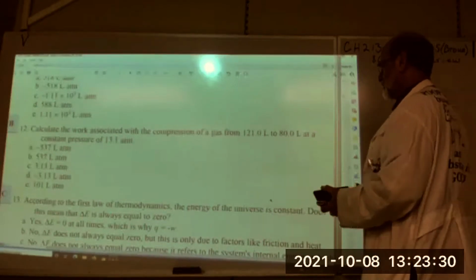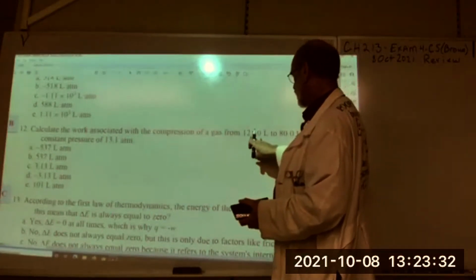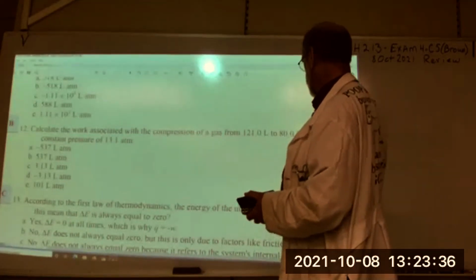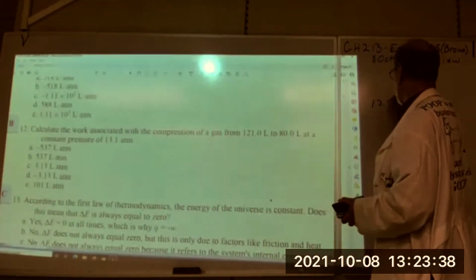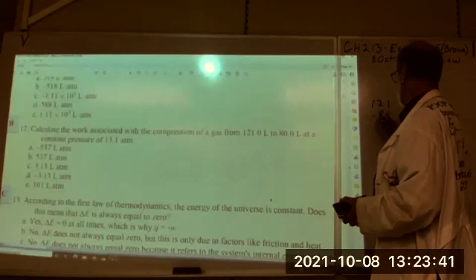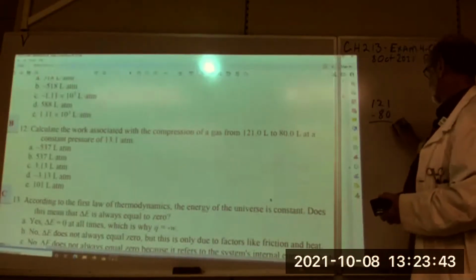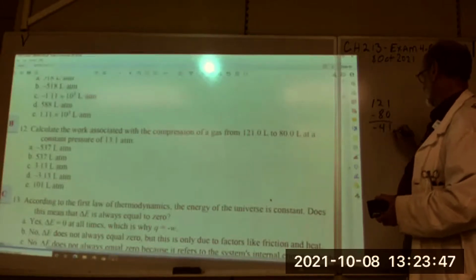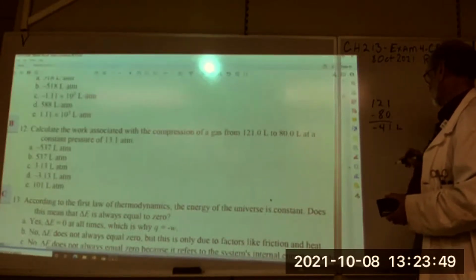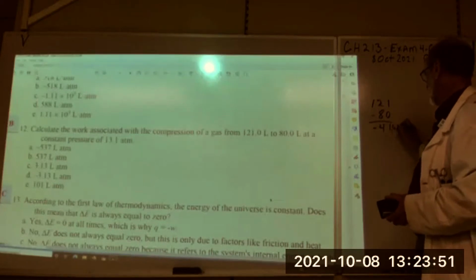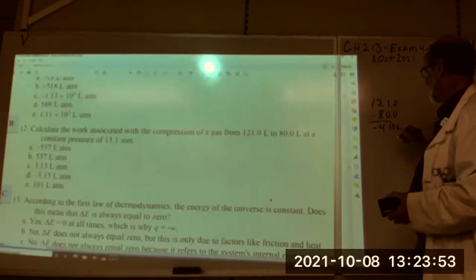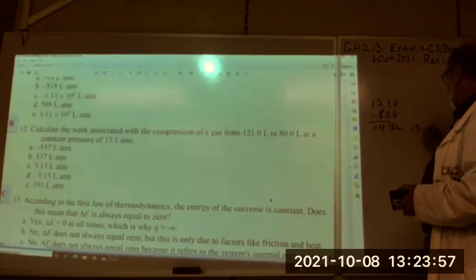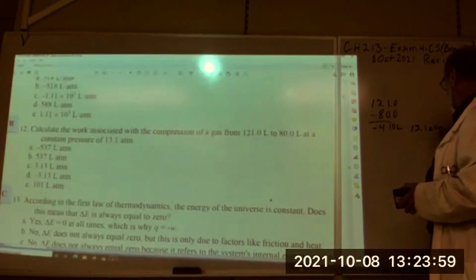That's not that bad. So if it's going from this one to that one, then it's a change of what? 121 minus 80 is 141 minus 41 liters. That's 0.0. And at a constant pressure of 13.1 atmospheres.